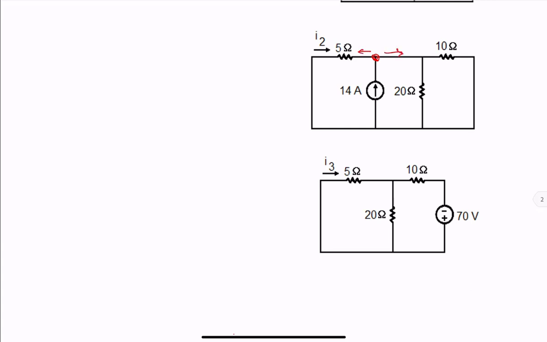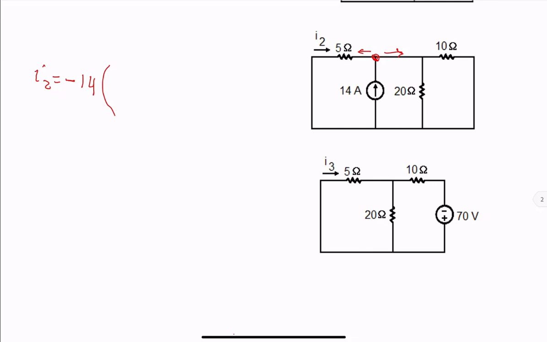Current division gives us the current in the natural flow of the current. In other words, we get the current going left into the 5 ohm resistor. I2 is opposite to that, so I2 would be negative, total current is 14.